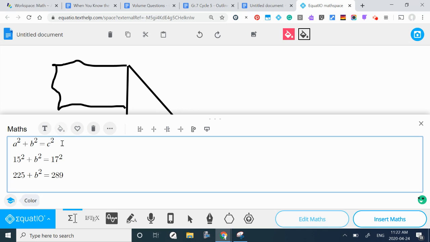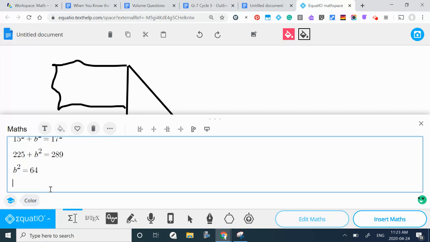On our next line, if we want to get B squared all by itself, we think 289 minus 225, which is 64. Whoops, hold on. B squared equals 64. And then on our last line, we have to find the square root of 64.